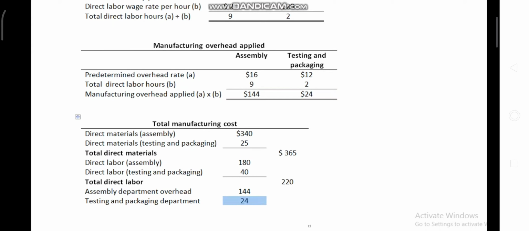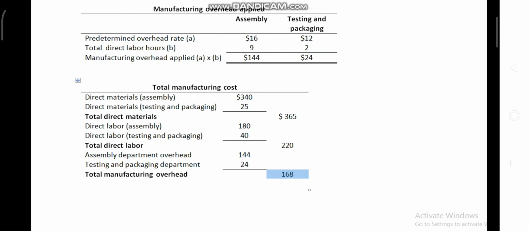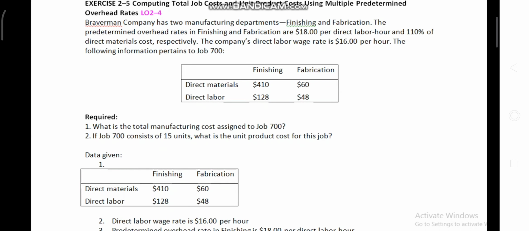We add these two, we get our total overhead for job N60. Now to get the total manufacturing cost, we add all these three values and the total manufacturing cost is $753. Now we are done with requirement number 1.